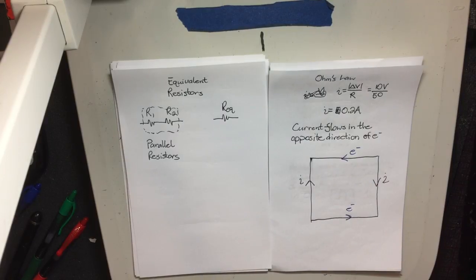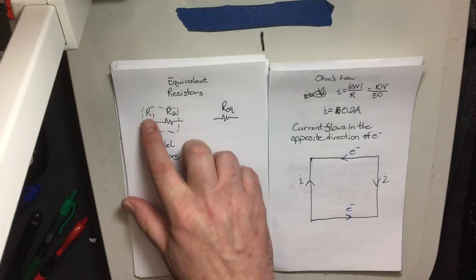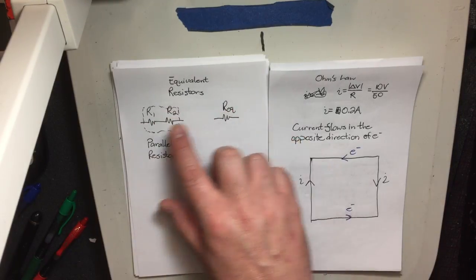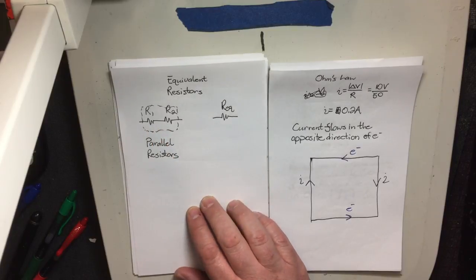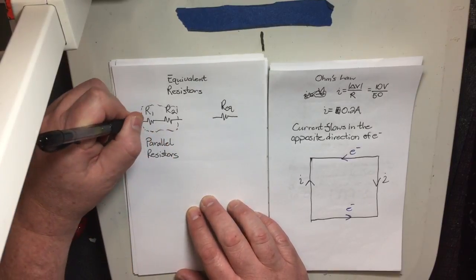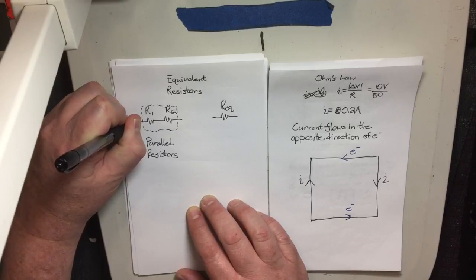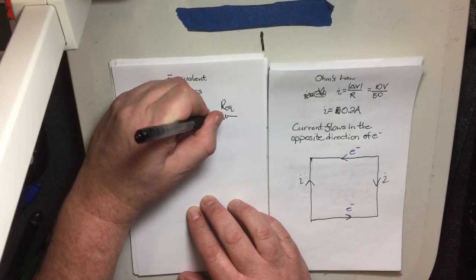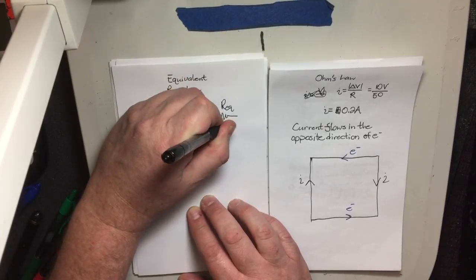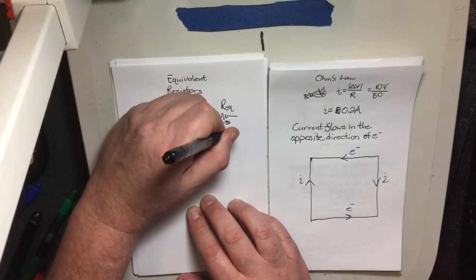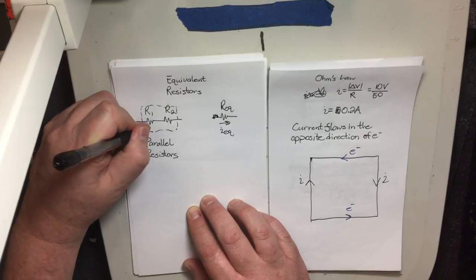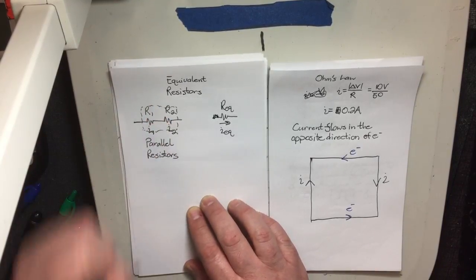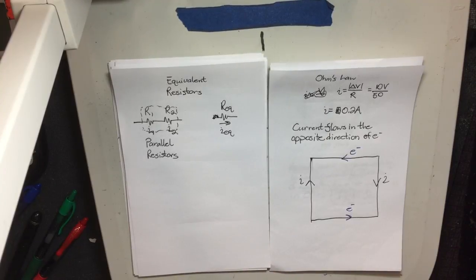Now, how do you find the equivalent resistor for this? Well, you know how I talked about current: there is the current flowing through the equivalent resistor, the current flowing through the first resistor, and the current flowing through the second resistor.